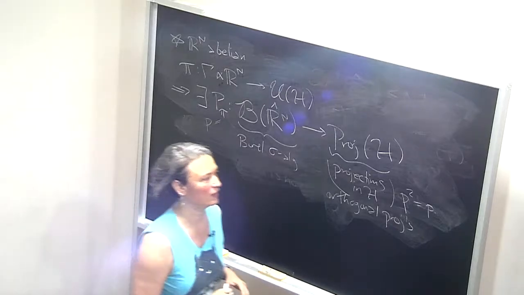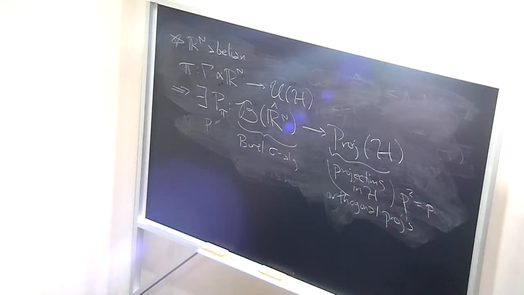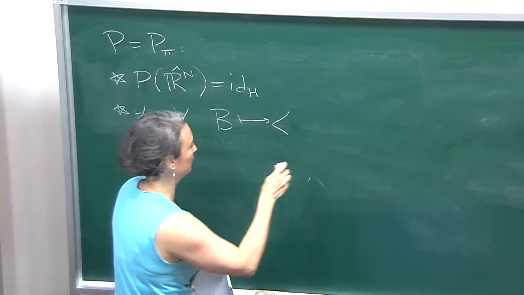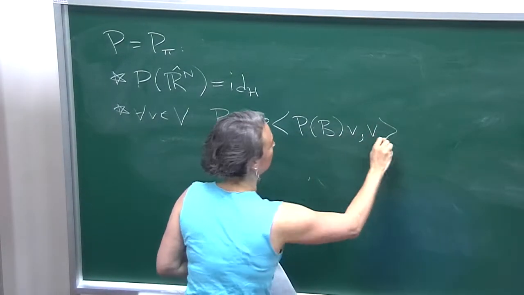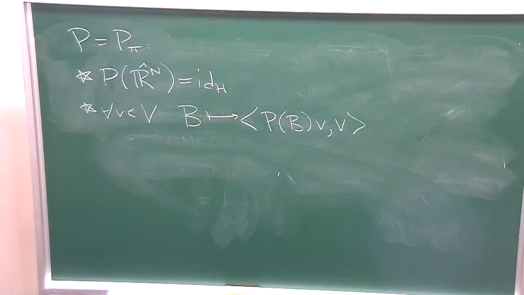For every V and V, the assignment B goes to P of B, V against V, okay? This is going to have some property, but let's think about what property it might have before I tell you what the property is. So V is a vector. That means I can project it. Okay, I get a new vector.